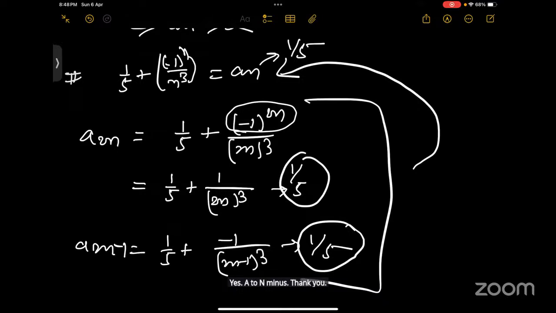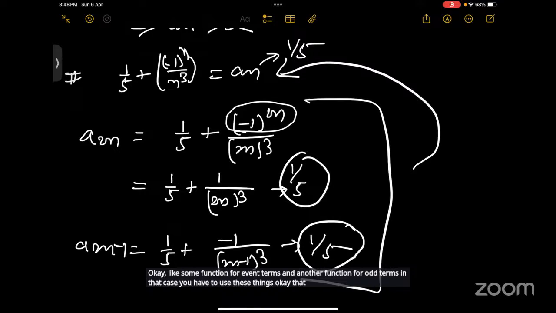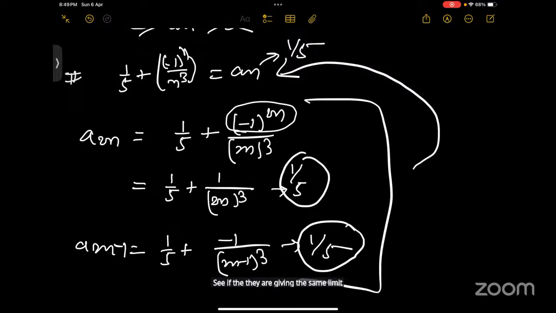Okay. So sometimes you may get a sequence which is defined differently for even and odd terms, like some function for even terms and another function for odd terms. In that case, you have to use these things. That means you have to find the limit of the even subsequence and the limit of the odd subsequence. If they give the same limit, you can directly conclude our sequence also has the same limit.